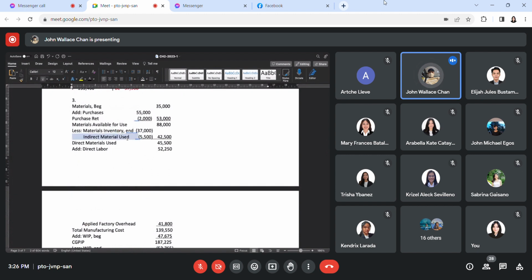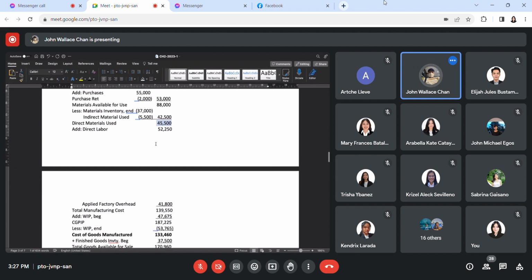And then we also subtract the indirect materials used of 5,500, which gives us a value of 42,500 pesos. And if we subtract the total 42,500 from your materials available for use, we get our direct materials used, which gives us 45,500 pesos.